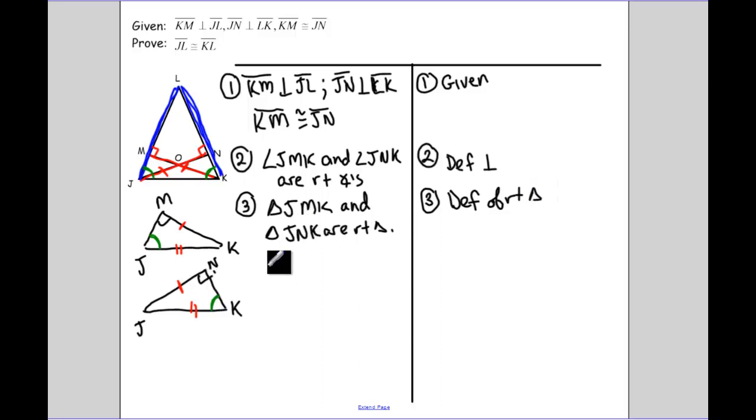I need to state that they're right triangles so that I know that that's the reason I'm using. Alright, hypotenuse-leg. We've said JK. We've said that the legs are equal from the given. KM was equal to NJ. I need to state the hypotenuse is JK congruent to JK by reflexive property.